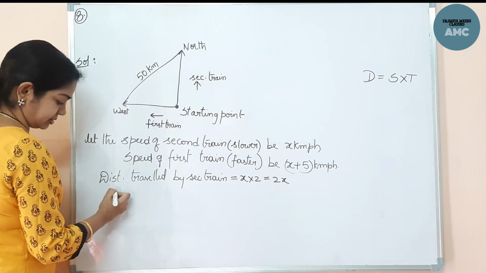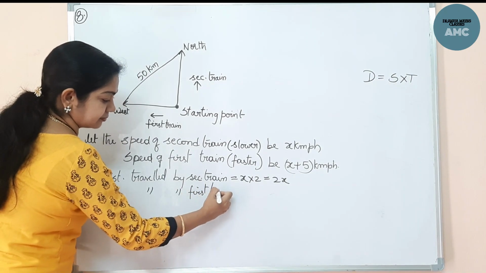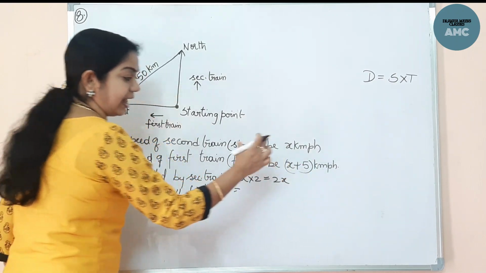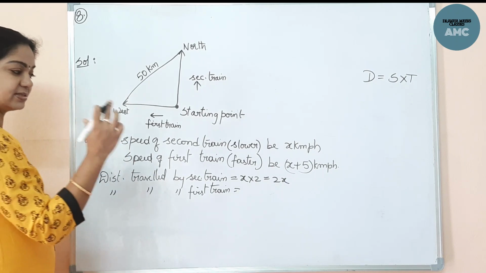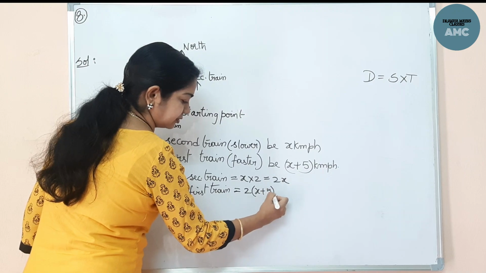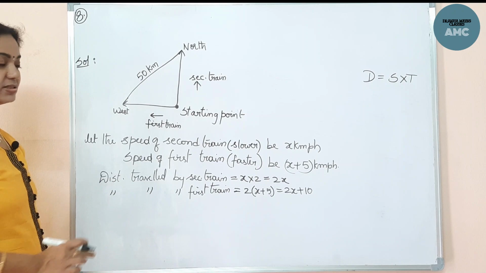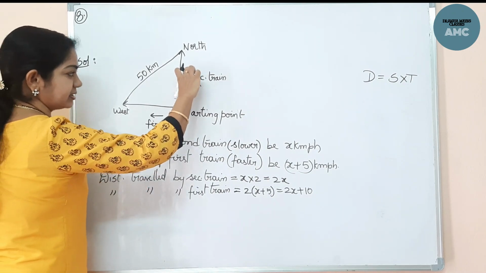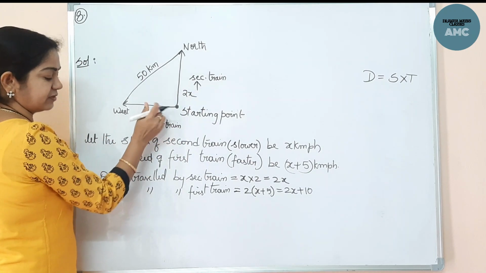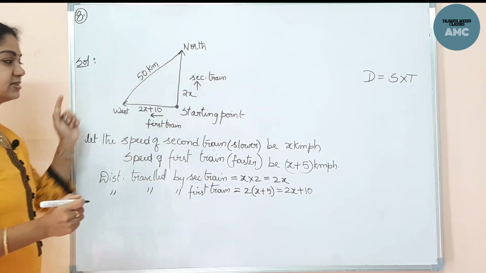Now the same distance traveled by the first train: what is the speed of the first train? x plus 5, and the time is the same, 2 hours. So 2 into x plus 5, which comes to 2x plus 10 kilometers. So the second train covers 2x kilometers and the first train covers 2x plus 10 kilometers.